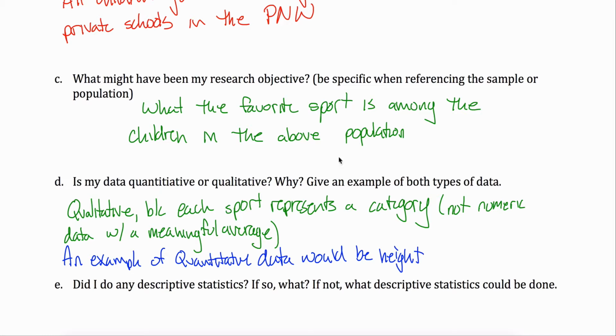So maybe the height of the same population, measured in inches. That's one perfectly good example. Of course, your answers will vary for this second part, but something that is numeric with a meaningful average.